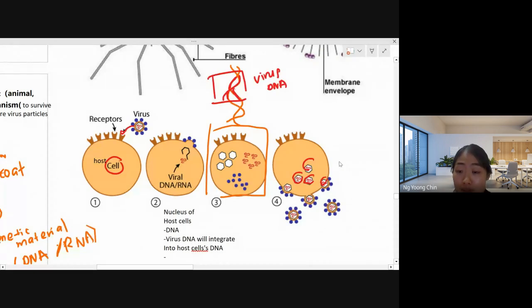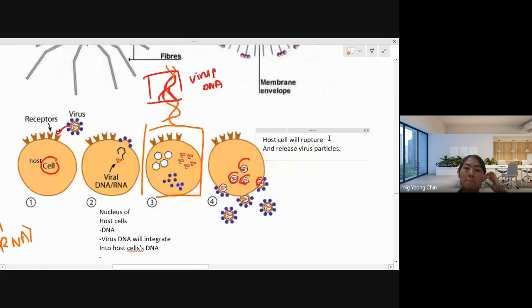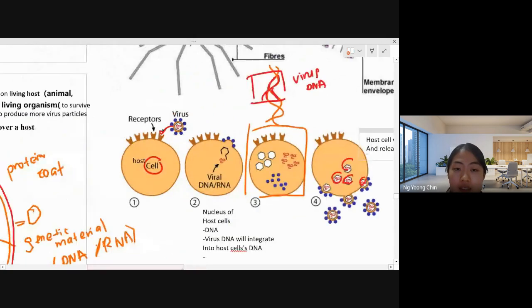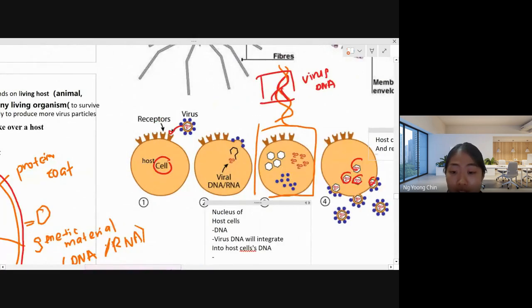Last but not least, the host cell will rupture and release virus particles. So this is the way that the virus infects the host cell and is able to reproduce, multiply, and survive.